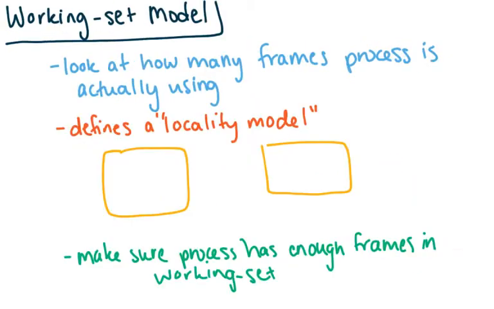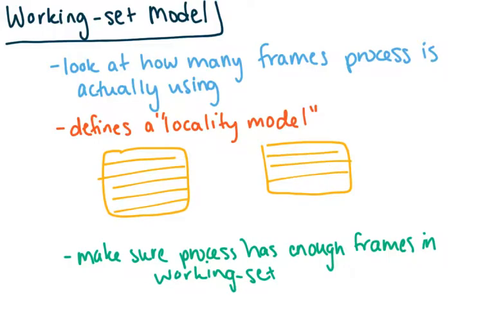So for the working set model, this model actually looks at the frames that a process is actually using, and it defines groups of frames for that process as localities. So yellow, this is part of the same process. So these are both 2 localities in the same process.